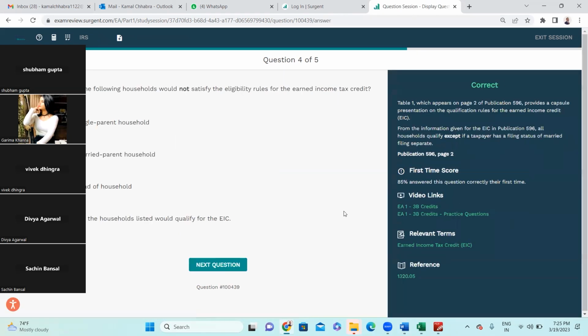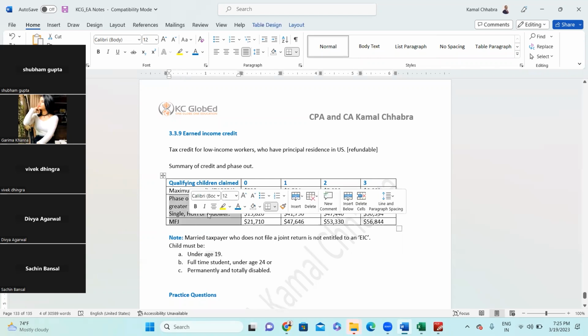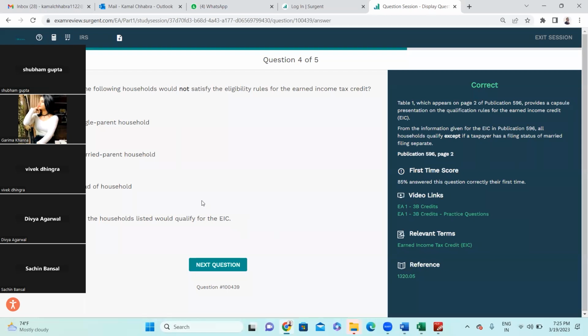The rest, take a look. Like here, if you see single, head of household, widower, married filing jointly, they all are eligible, right? Okay sir. So hence the option is the last one. All the households qualify except if the taxpayer has a filing status of married filing separately.